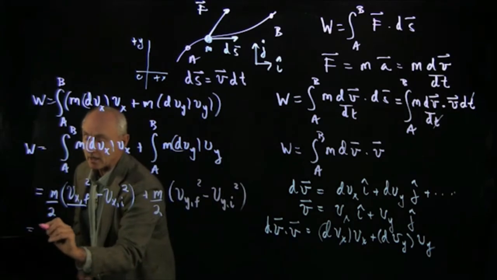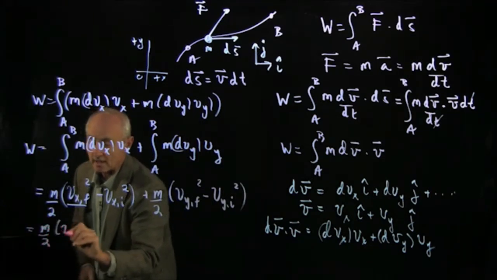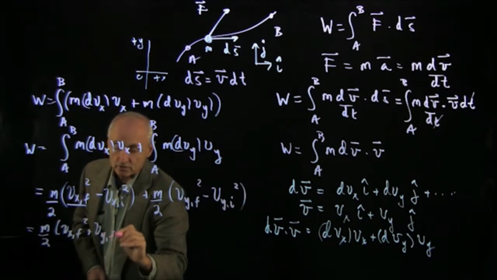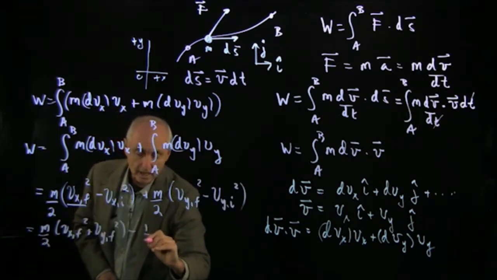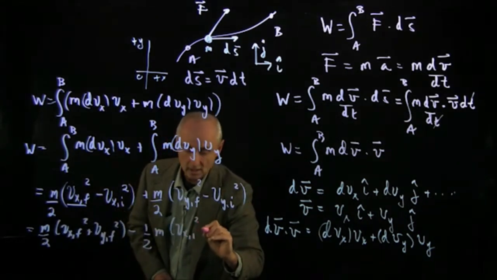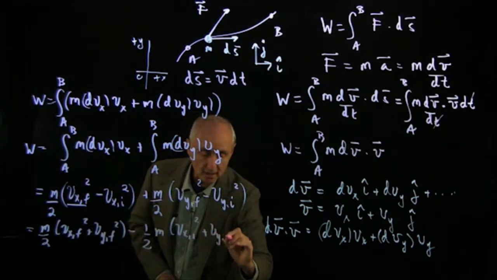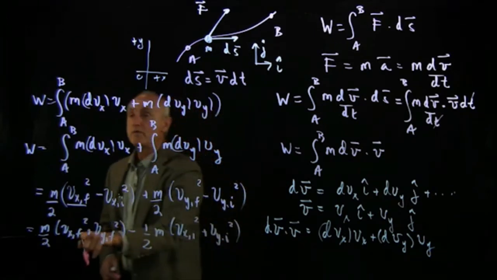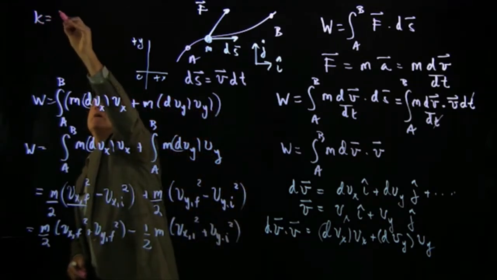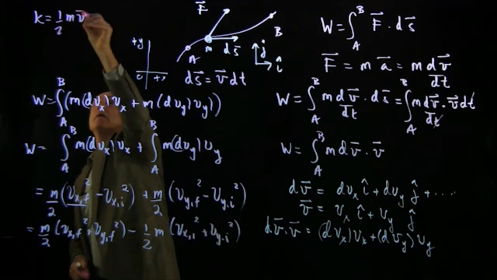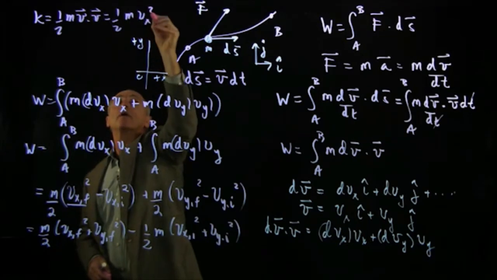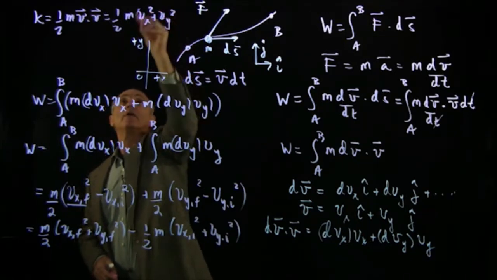And when I combine our terms, 1/2 m (vx final squared plus vy final squared) minus 1/2 m (vx initial squared plus vy initial squared), we've already shown that our kinetic energy, 1/2 m v dot v, is 1/2 m (vx squared plus vy squared).